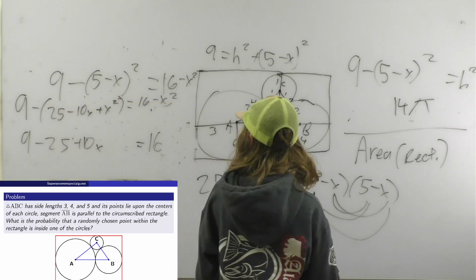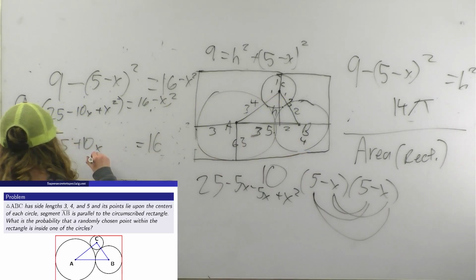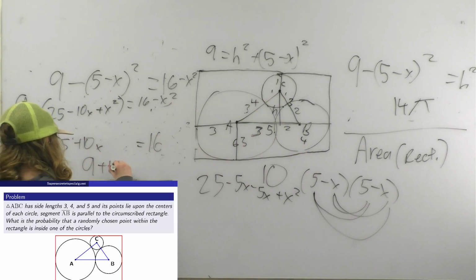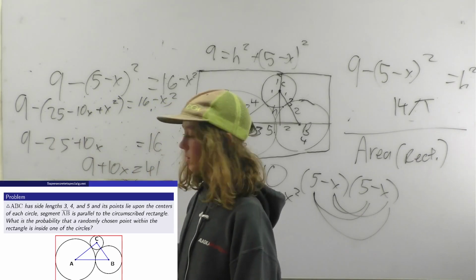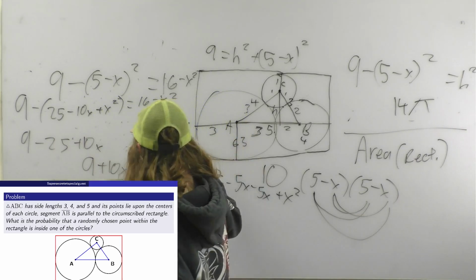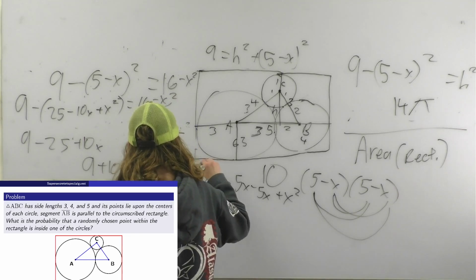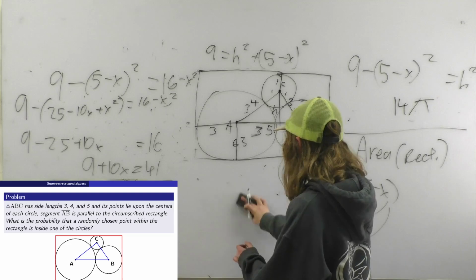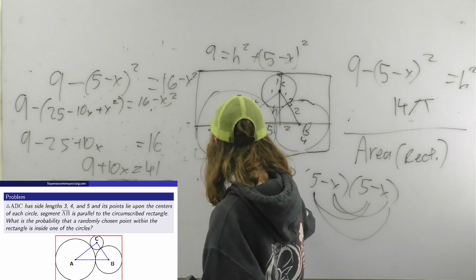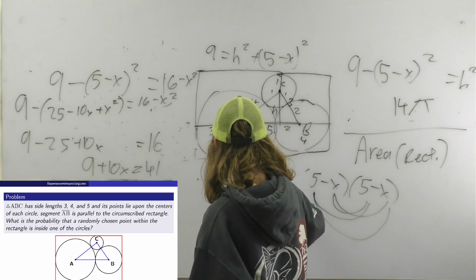Yeah, 41. So 9 plus 10x equals 41. 41 minus 9 is 32 equals 10x. And that means that x equals 32 over 10.